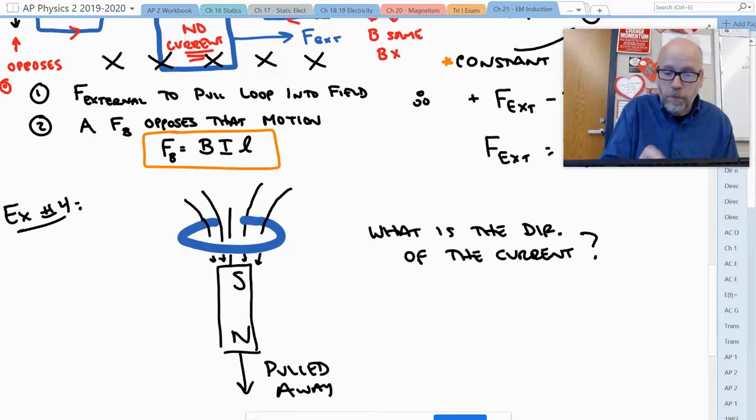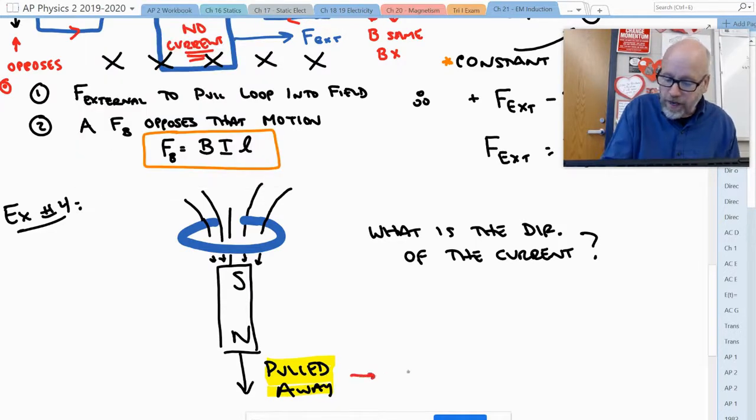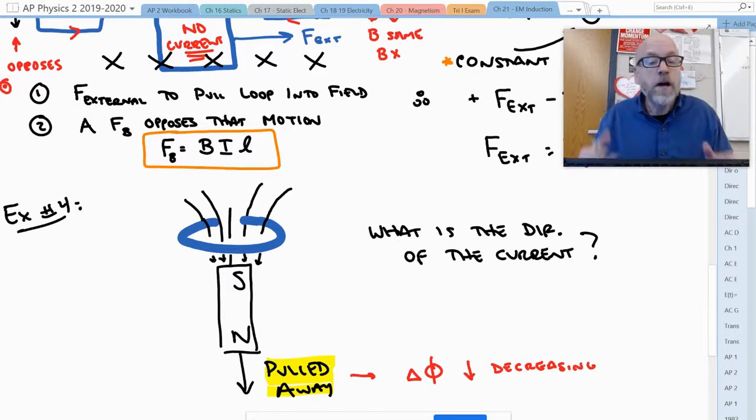Now, it's being pulled away. Because it's being pulled away, that indicates to me that the change in flux is decreasing. Sometimes I just draw an arrow pointing down. Means getting less, right? The change in flux decreases.